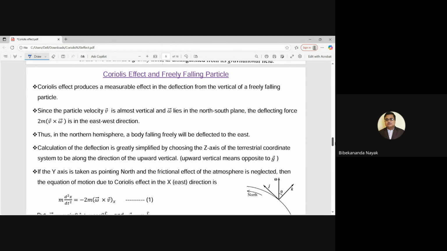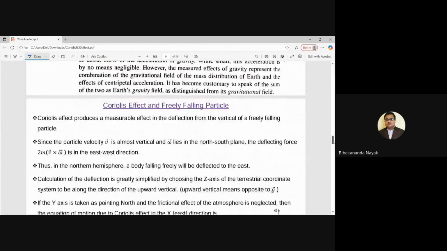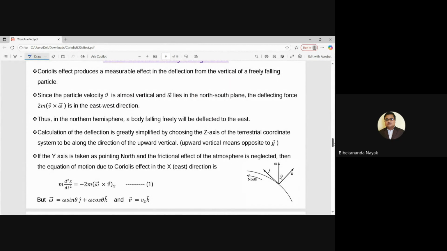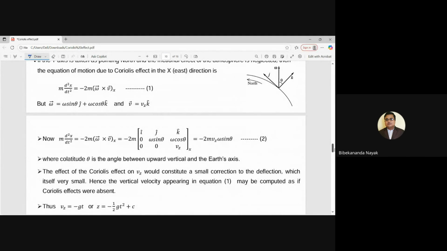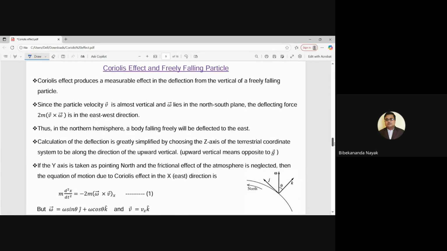Due to the Coriolis effect, a freely falling particle will be affected. This direction, 2 omega cross B, always deflects towards the right. Since the particle motion is almost vertical, the deflecting force is in the east-west direction.